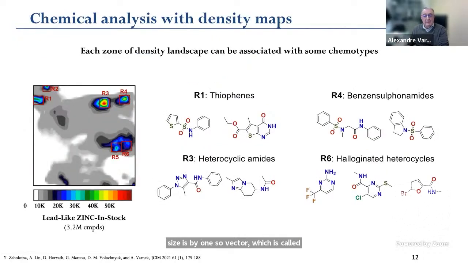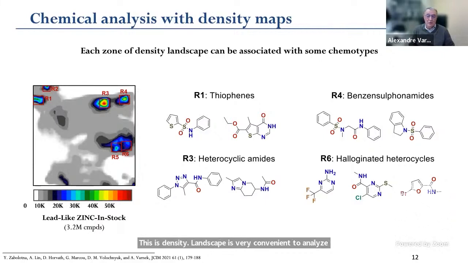Okay, and this density landscape is very convenient to analyze the distribution of different chemotypes, as shown on this slide.